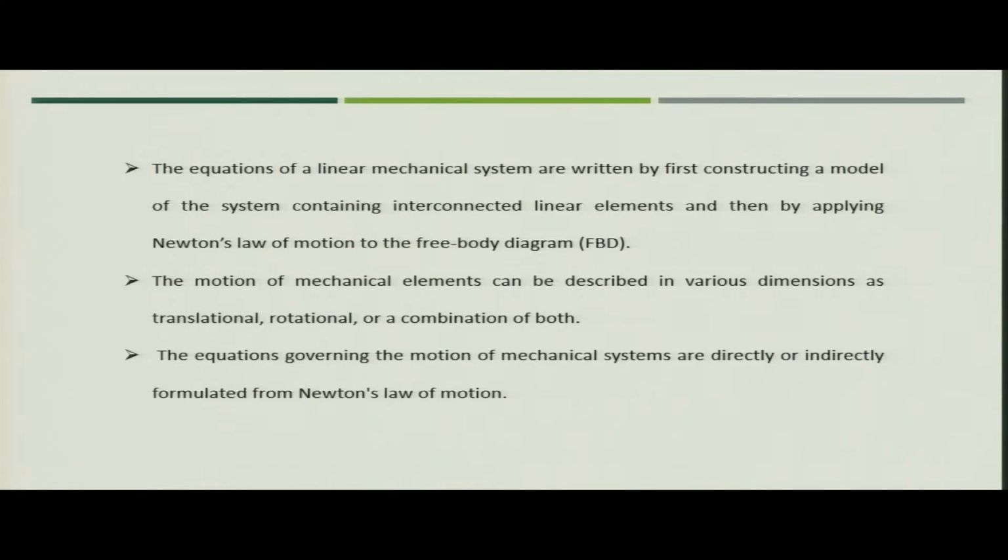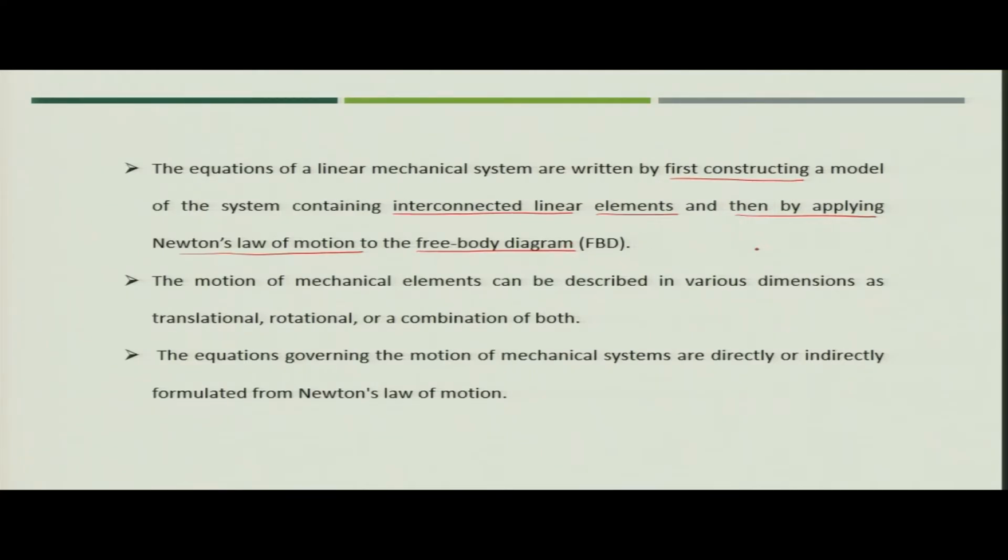Now, the equations of a linear mechanical system are written by first constructing a model of the system containing interconnected linear elements, and then by applying Newton's law of motion to the free body diagram. What is a free body diagram?